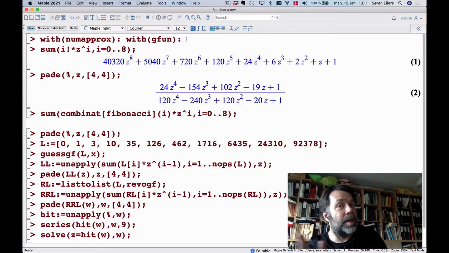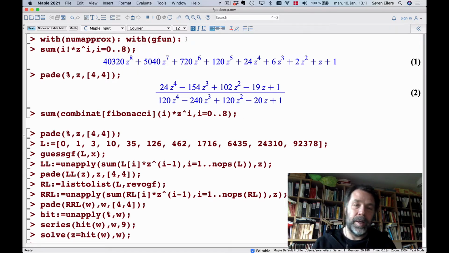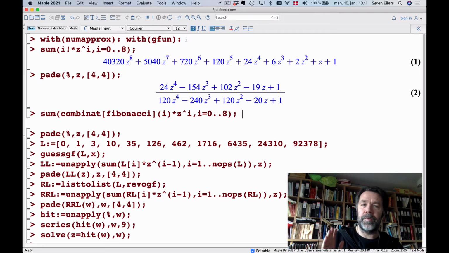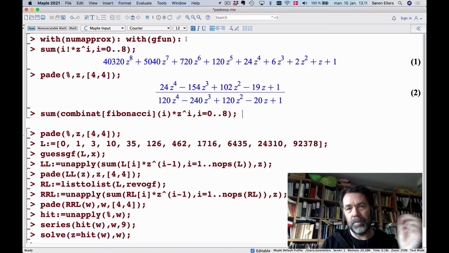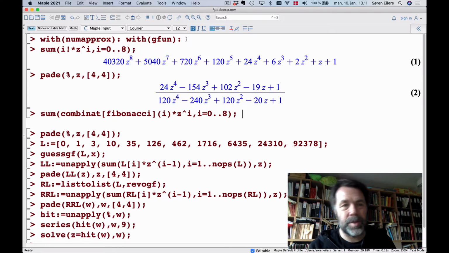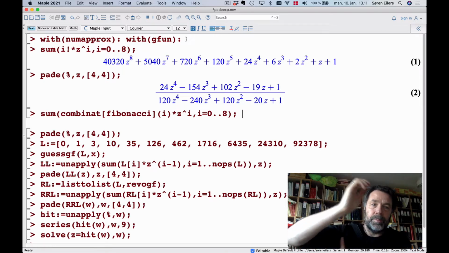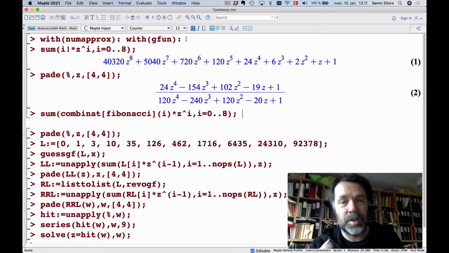You can see I have 9 terms. The theorem says that if I have 9 terms, then I can find such a choice if the sum of m and n is 8. So the relevant number is m plus n plus 1. I will just say 4, 4. I'm looking for the Pade approximant of an expression like this. What happens here is not very interesting: it gives me a Pade approximant which is not degenerate.